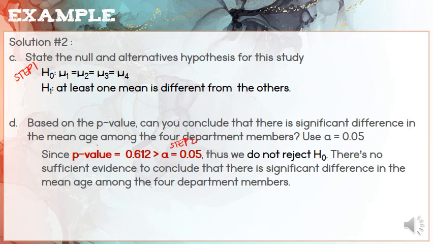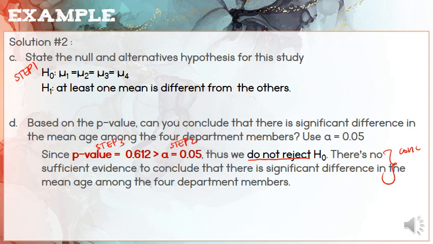Step number 3, get our p-value. Step number 4, decide whether to reject or not to reject. And last, don't forget to make your conclusion. So since your p-value 0.612 is greater than your alpha 0.05, thus we do not reject our H null. So there is no sufficient evidence to conclude that there is a significant difference in the mean age among the 4 department members.